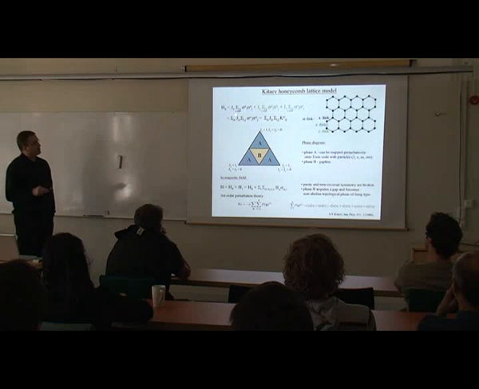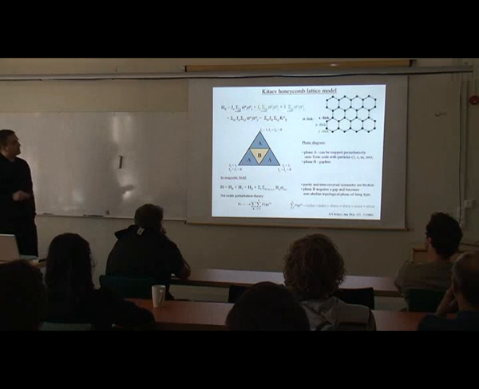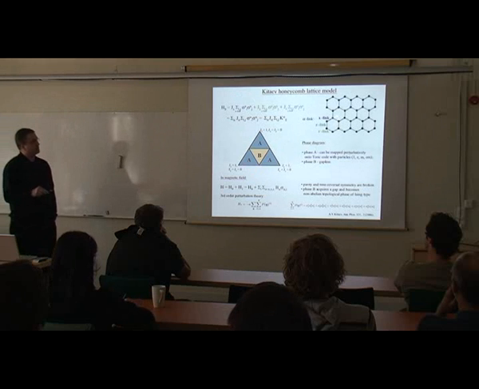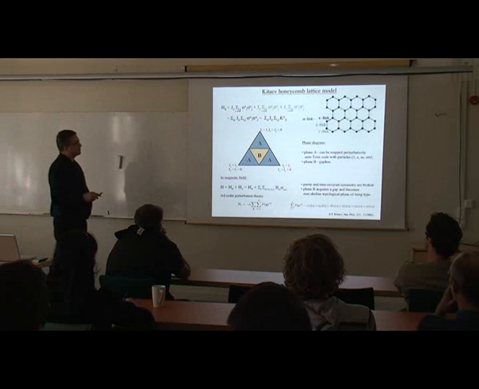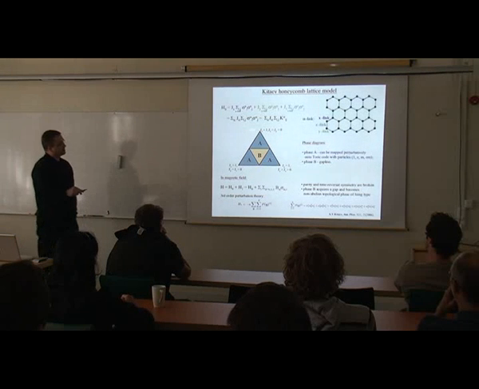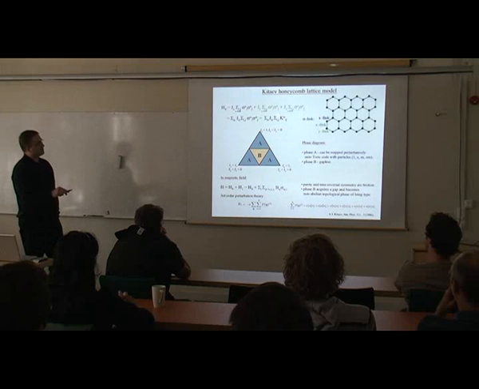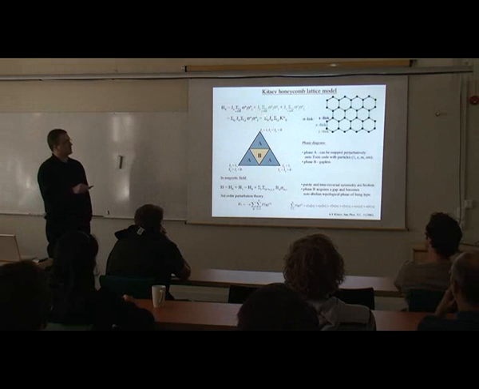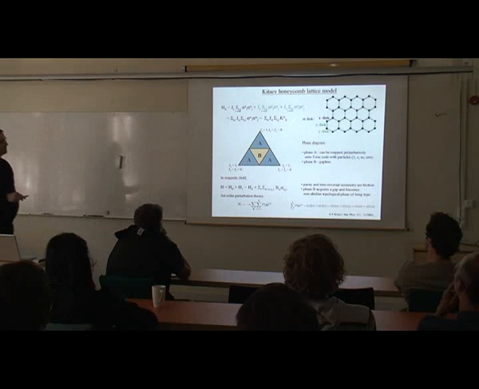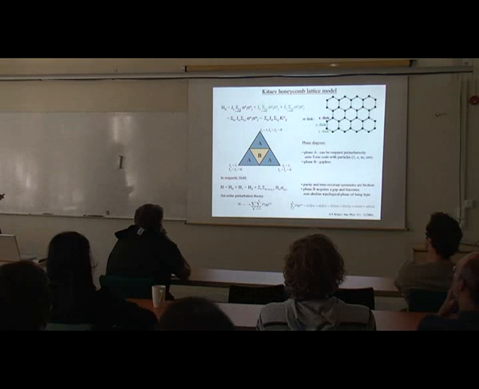The Kitaev honeycomb lattice model is a model with two-body interactions, which are either XX, YY, or ZZ type, depending on the orientation of the links of the honeycomb lattice. It can be easily recast in terms of these K operators, which are simply these two-body interactions. K alpha would be simply sigma alpha sigma alpha. We will use this a little bit later, so that's why we introduced this formalism.